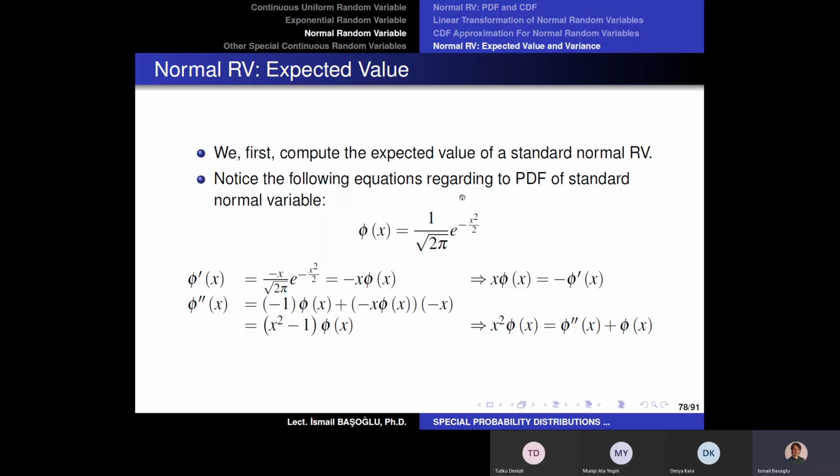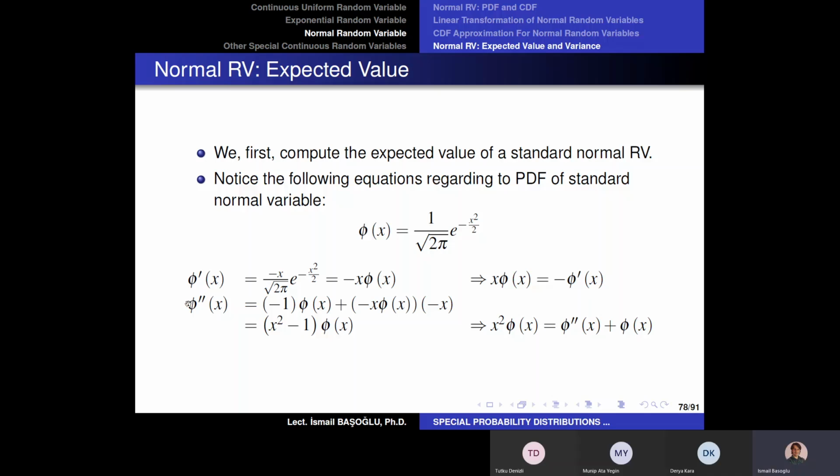So I am going to multiply this function itself with minus x, the first derivative of the power, and that is going to make the first derivative of this function equal to minus x times the function itself. So the first derivative of phi of x is itself multiplied with minus x. This is the first derivative of the probability density function of the standard normal distribution.